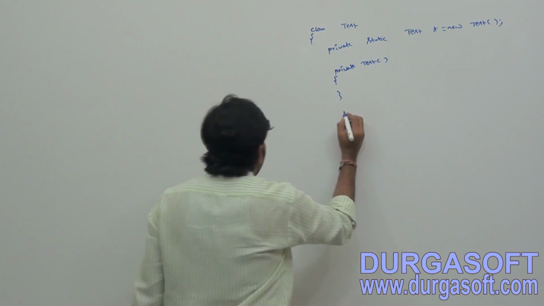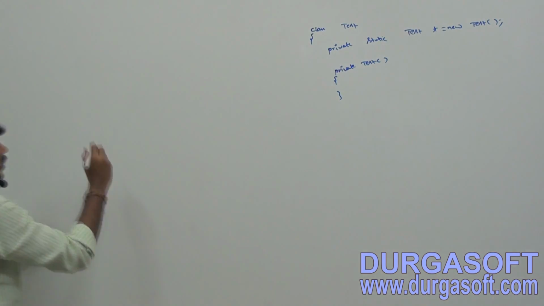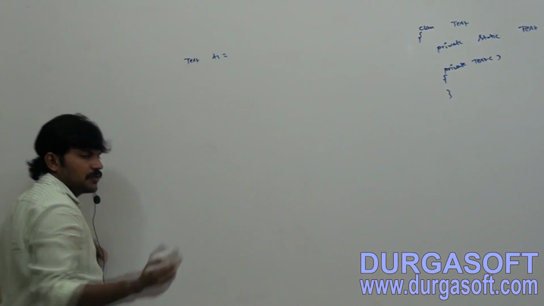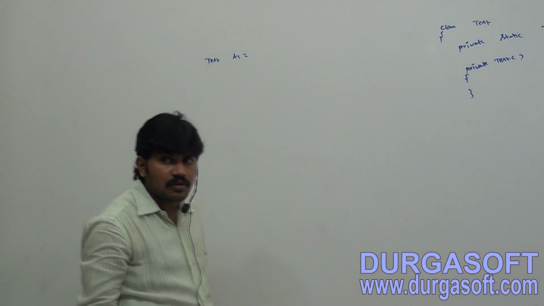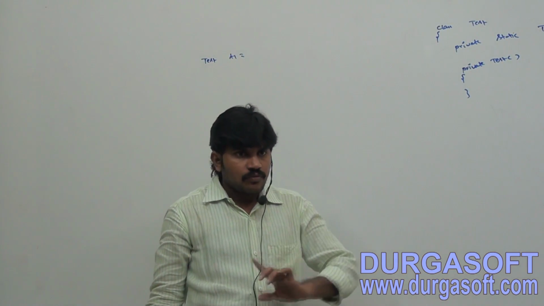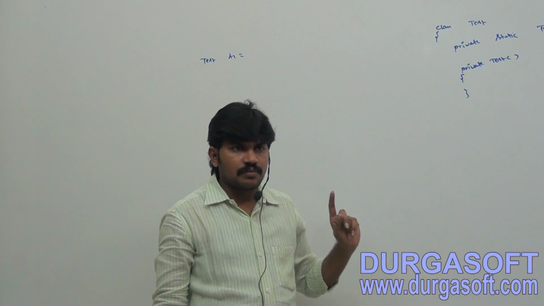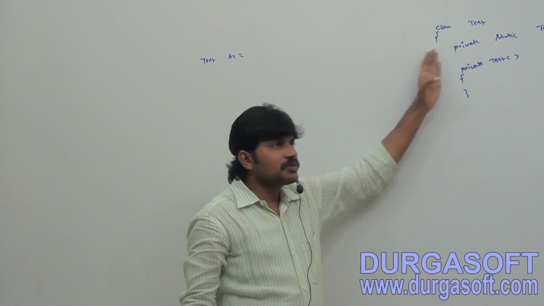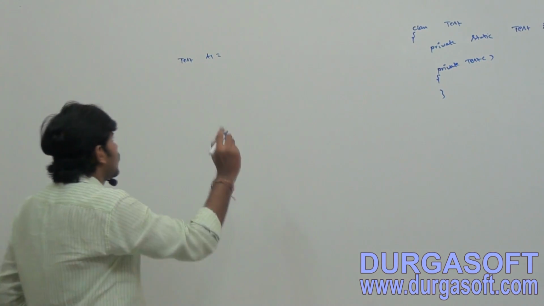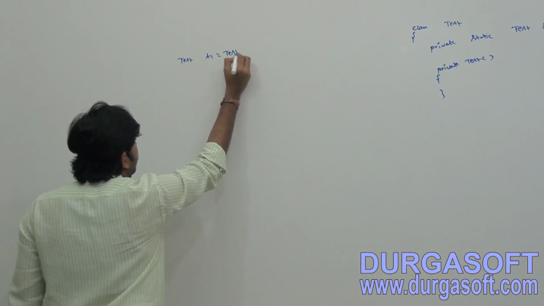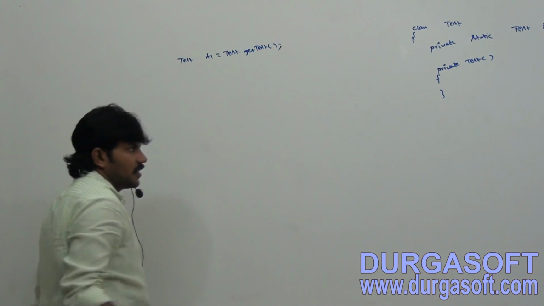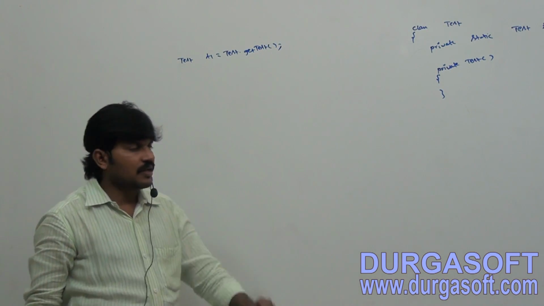Now how to get a Test object? I want Test t1 is equal to, we have to use a factory method. We can't create it by using new Test, because the constructor is private. From outside of the class we can't create. Now Test t1 is equal to Test dot getTest.